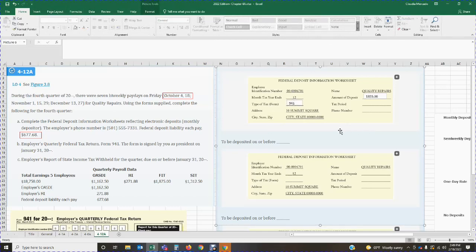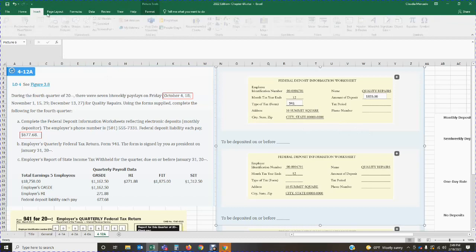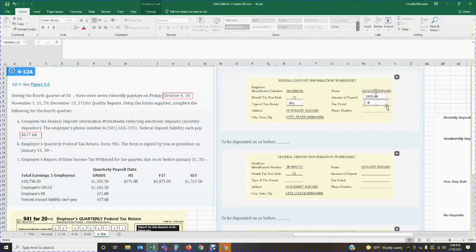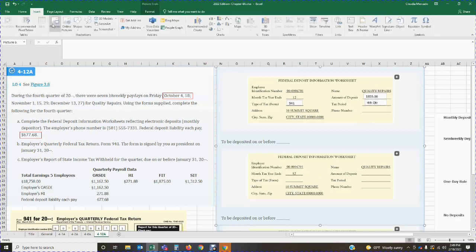Okay. The tax period, we're going to go ahead and enter the tax period. And the tax period is the 4th quarter. We are doing, the problem said, during the 4th quarter. So that is what we're doing, 4th quarter. And then the phone number is provided to you as well in the problem.